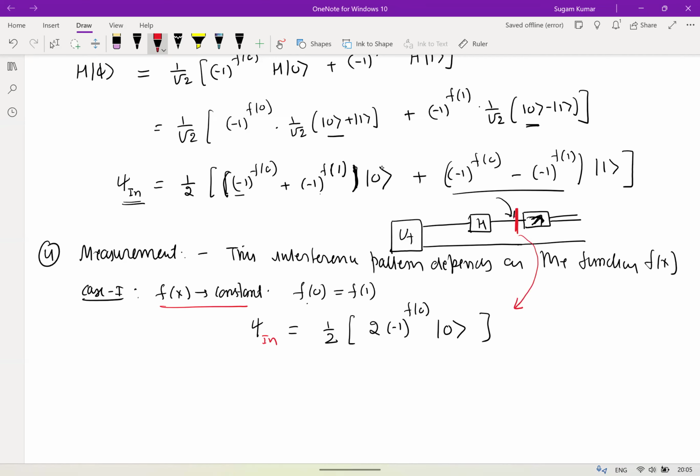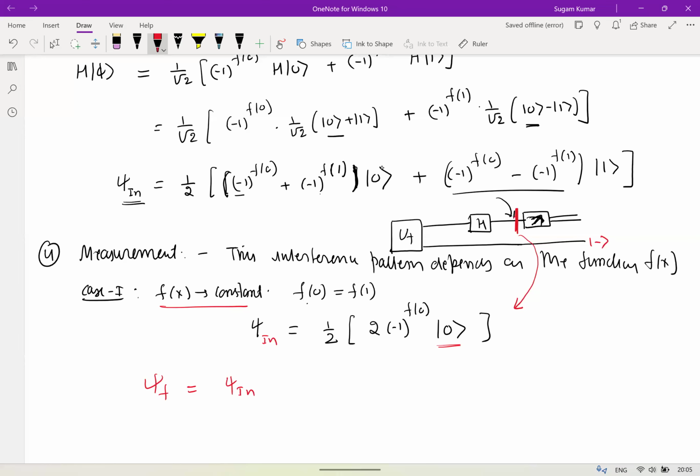It means the system will have only one value. And when you do the measurement, since only one state exists, the final state will be the product of both, and you have a negative here. So the final state is going to be psi in.